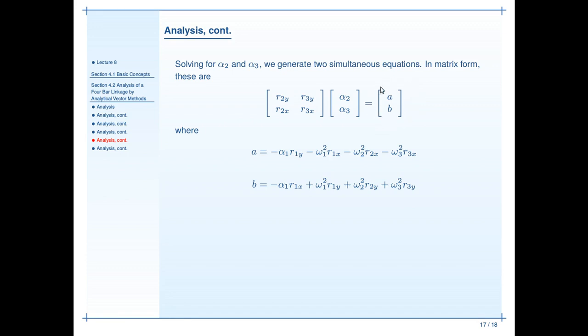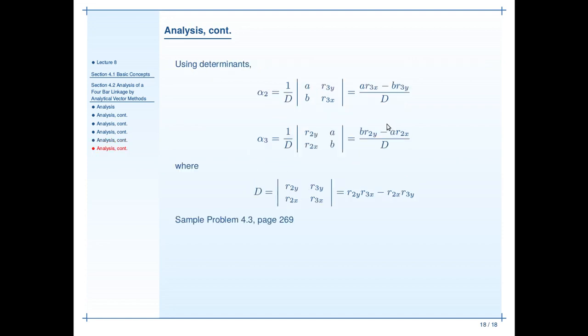So we have first a couple of intermediate calculations for what they call A and B. We can then use A and B and another intermediate calculation for D to come up with specific calculations for alpha 2 and alpha 3, the angular accelerations of the coupler and the rocker.